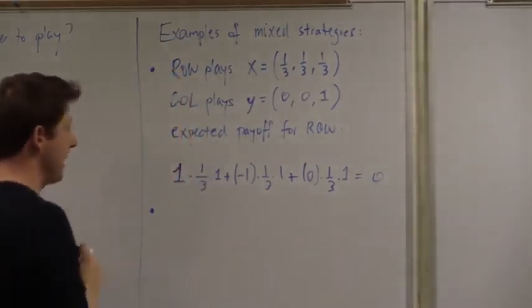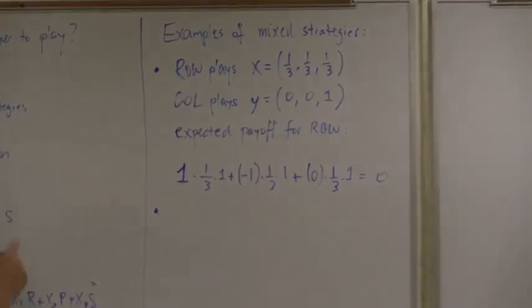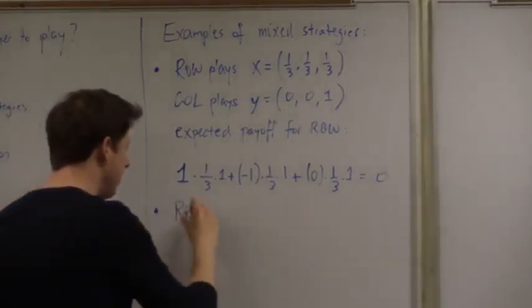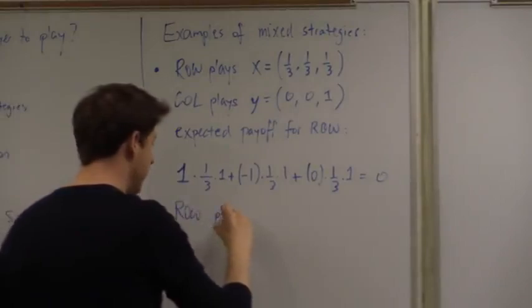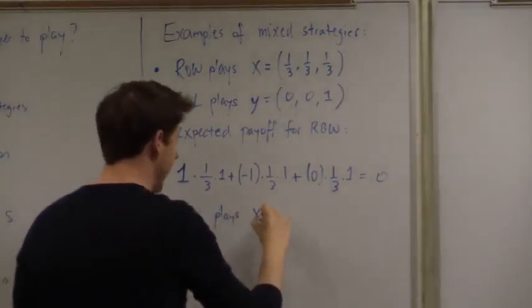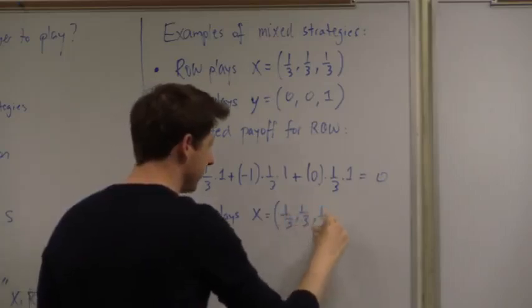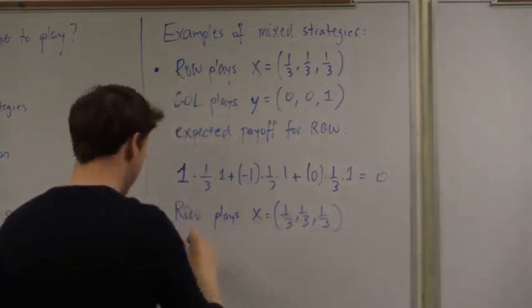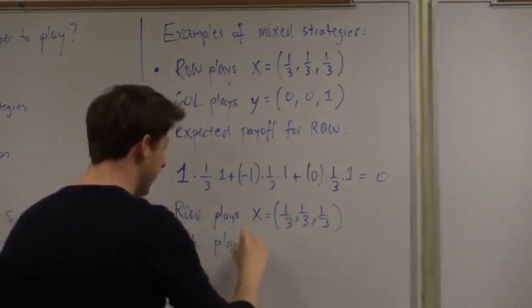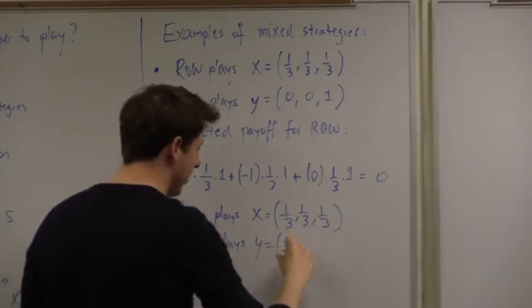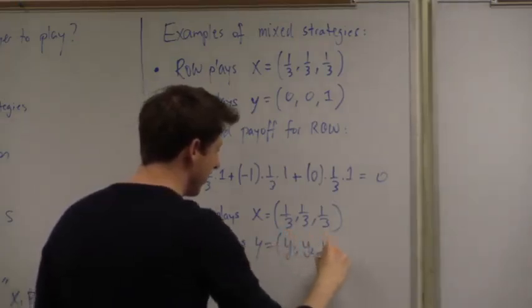Let's try to do something slightly more complicated. Let's say that the row player plays x, which is again at random, but the column player plays some generic strategy y1, y2, y3.